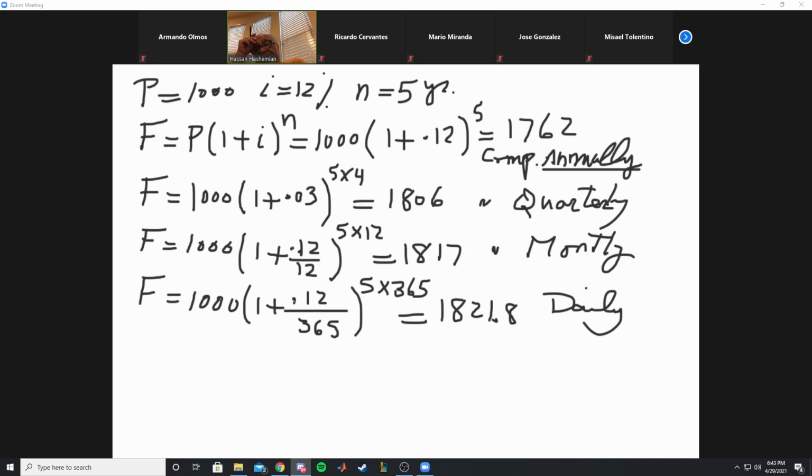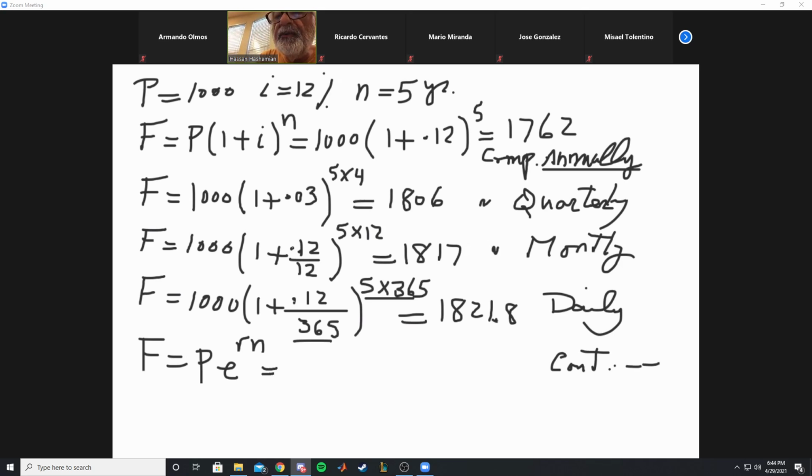And somebody might say, no, I don't want to wait. That's your credit card actually, that's being calculated daily. And somebody says, I don't really want daily, I want it every second. Then when this number gets very large, we go to a different type of formula. We say F is equal to P times e to the power of rn. This is called continuous compounding. That means continuously you get interest on interest.